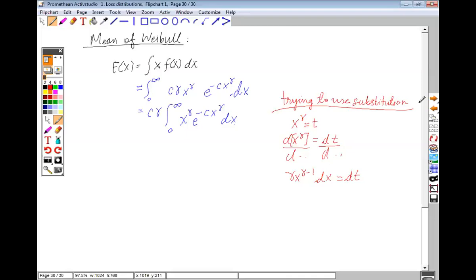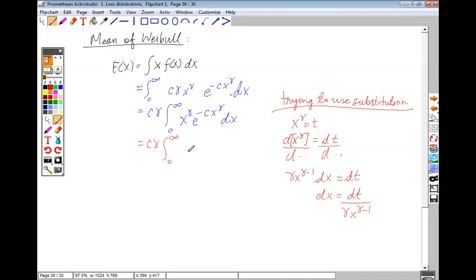So again, just to remind ourselves, we equated this to t because we wanted to do something with this integrand right here. So whenever I'm going to write my next step, I'll just write this as it is, and I'll have 0 to infinity. So what should I be doing here? Anything? So we take dx equal to dt upon gamma into x raised to gamma minus 1.